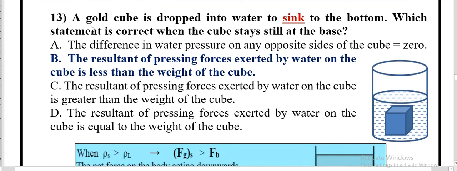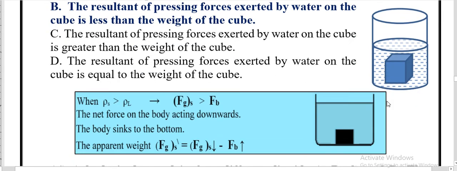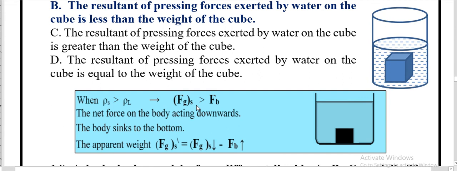Number 13. A gold cube is dropped into water and sinks to the bottom. Which statement is correct when the cube stays still at the base? It will be sunk as its density is larger and its weight is larger than the buoyant force. So the net force or the apparent weight will equal weight minus buoyant force.